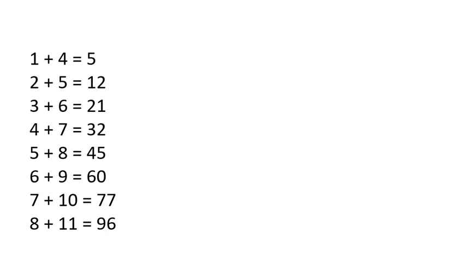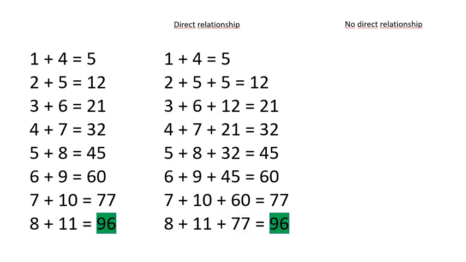Well, let's see what we've got. This is our equation as we have it now. Now let's solve it according to both methods that we have already seen before. The direct relationship and the no direct relationship. The direct relationship, we put every previous result in front of the next equation and just count everything together.